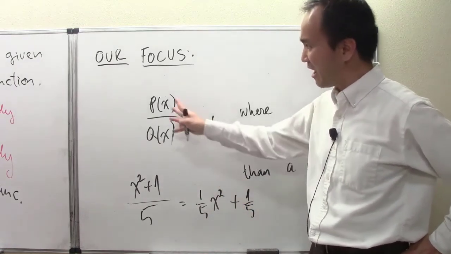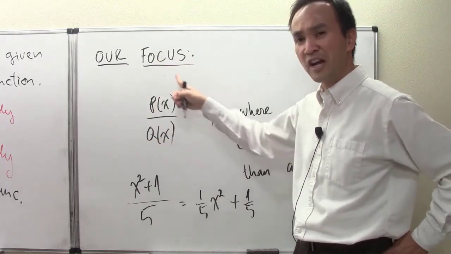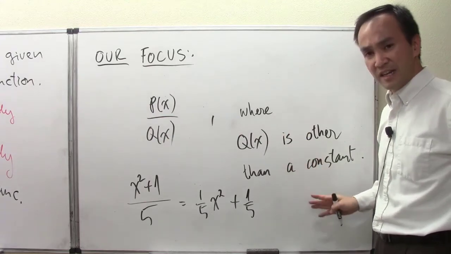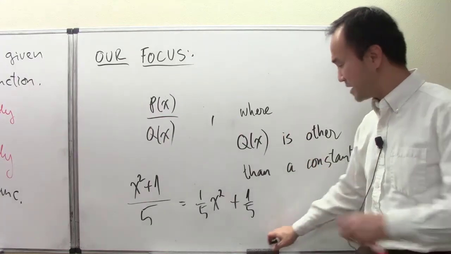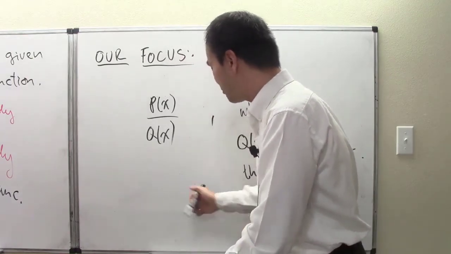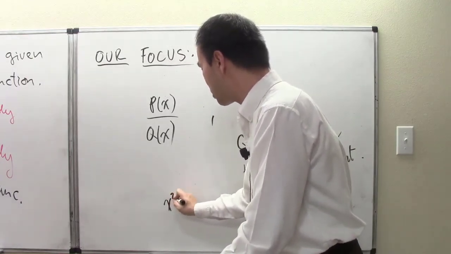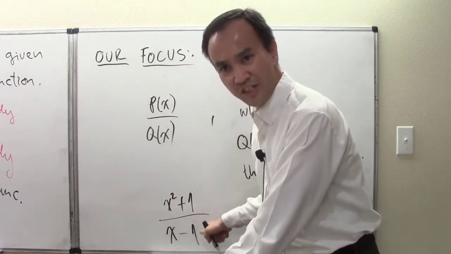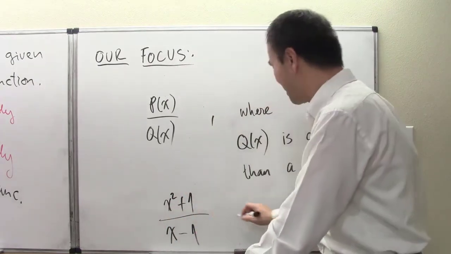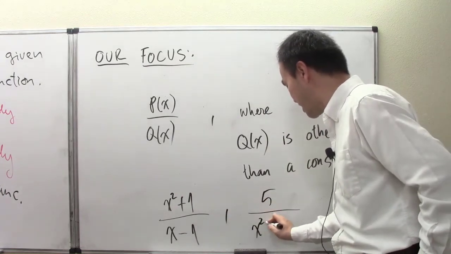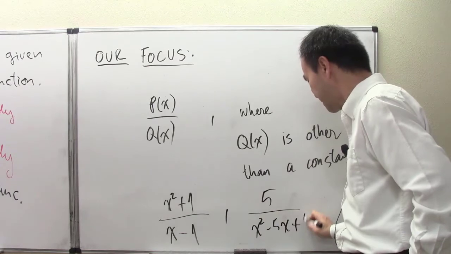So our focus here is on those rational functions where the denominator is other than a constant. Something like x squared plus 1 over x minus 1 will deserve our attention. Or even just the numerator being a constant, over x squared minus 5x plus 6, for example.